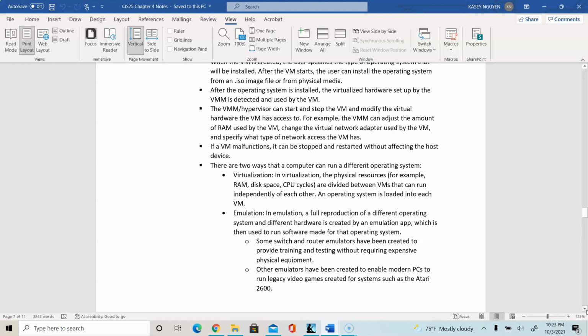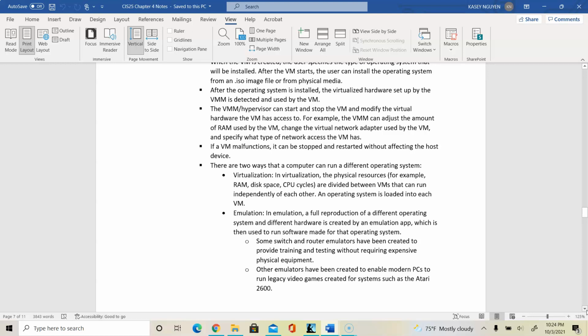And the OS can be loaded to each of the virtual machines. In the emulator, you would have a full production of different OSs that use different hardware, and it creates an application used to emulate and run the software that's made for that operating system.